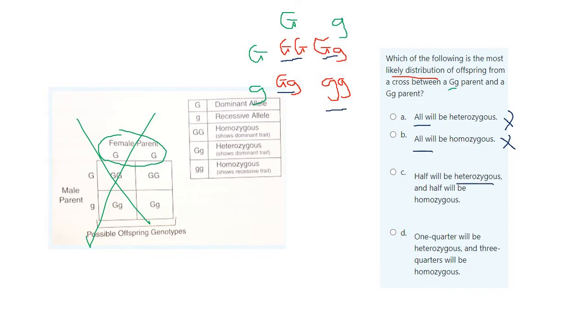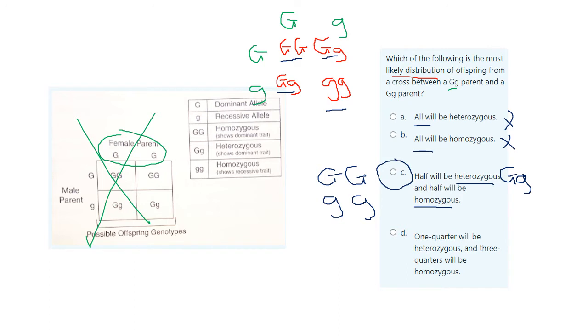Half will be heterozygotic. Heterozygotic is the big G, small g, which is true. Half will be homozygotic. Well, homozygotic can be homozygotic dominant, or it could be homozygotic recessive. And that's true. So C is the correct answer.